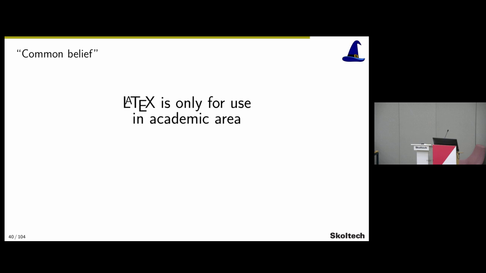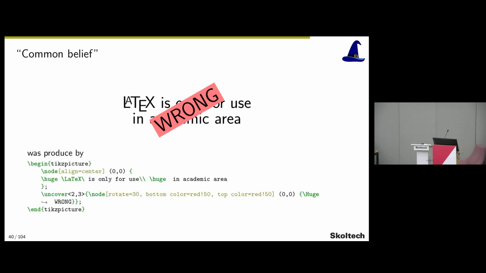Okay, this example shows that the claim that LaTeX is only for use in the academic area is wrong. How to create this picture? Let's analyze this TeX picture code. First of all, we have a node with the initial text that LaTeX is only for use in the academic area. Then uncover is a special command for beamer, for the presentation.